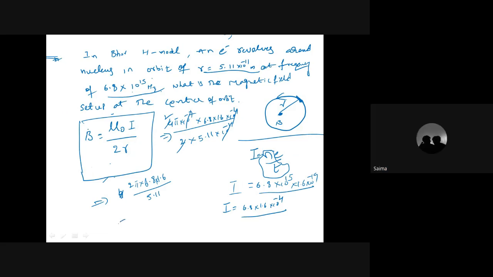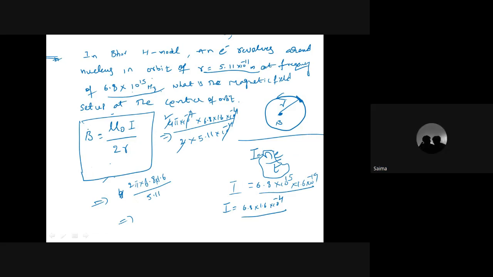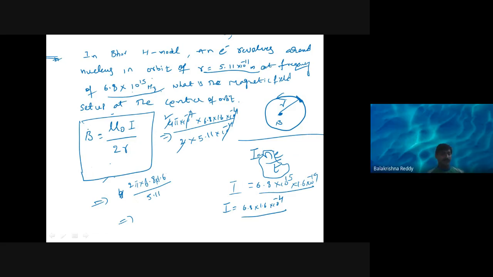Then what we are doing here: 5.11 into 6.8 into 1.6. How much if you calculate? 68, no, 16. 16 eights are 128, 16 fours are 64, right?